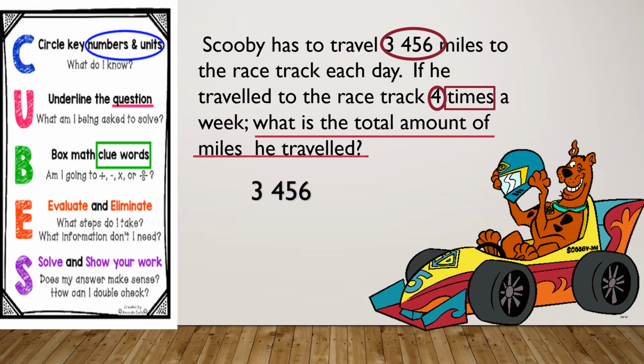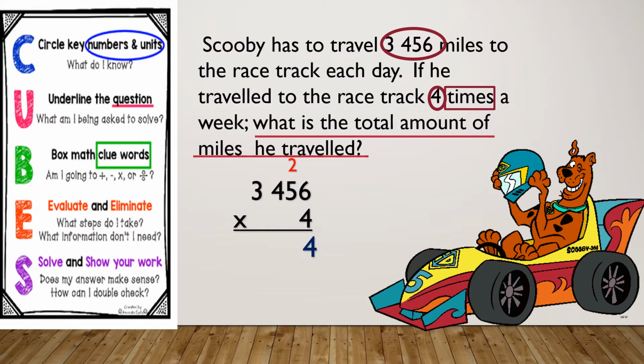3,456 multiplied by 4. So the first step, we multiply the ones. 4 times 6 gives us 24. And so we regroup 24 ones as 2 tens and 4 ones. And so we put 4 under the ones place and 2 over the tens.